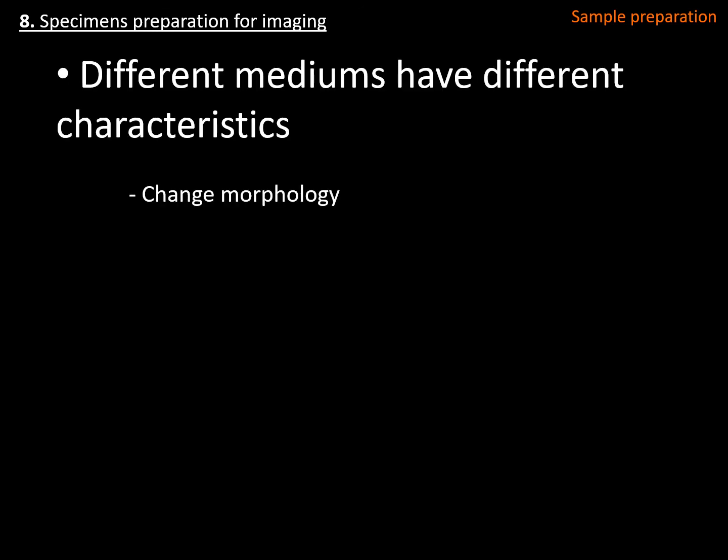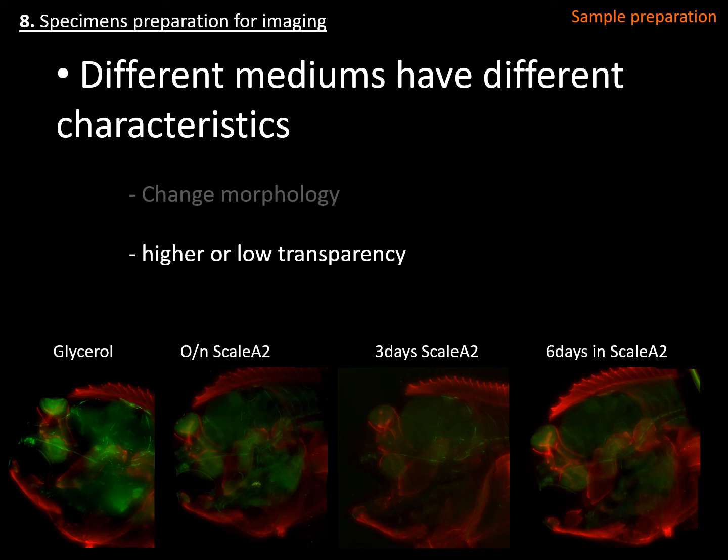As well, as I said before, different medias have different characteristics. They change morphology, and this is a very important aspect because this happens almost all the time. And they can have higher or lower transparency. And here I am showing you some experiments that I carried out with some animals, which are labeled by calcein in green, that labels calcium deposits either in bone or, for instance, in the eyes, and also immunohistochemistry labeling of muscle tissue, which you see in red.